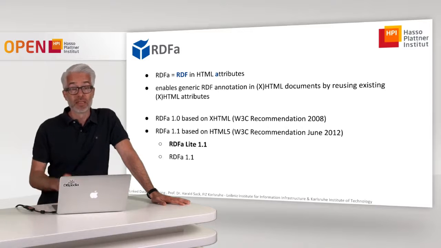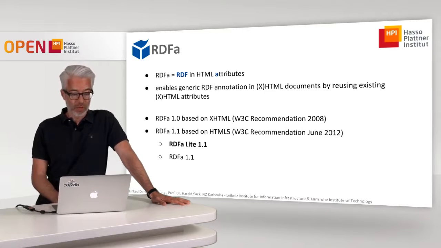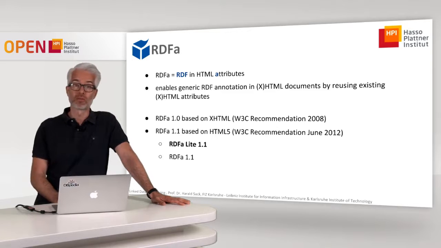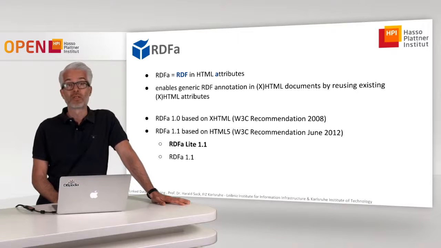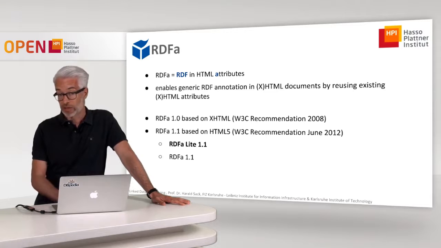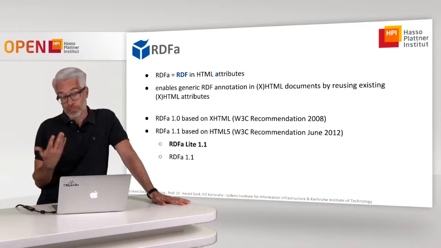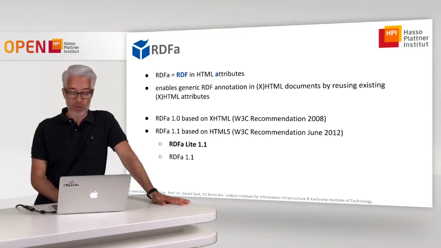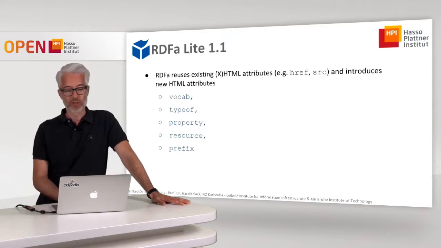The first version of RDFa, RDFa in HTML attributes, was issued in 2008, and it was refined in 2012 to RDFa 1.1. We will talk about RDFa Lite 1.1 because this is completely sufficient for our purposes. RDFa 1.1 offers a bit more flexibility, but for us, RDFa Lite 1.1 is completely sufficient.